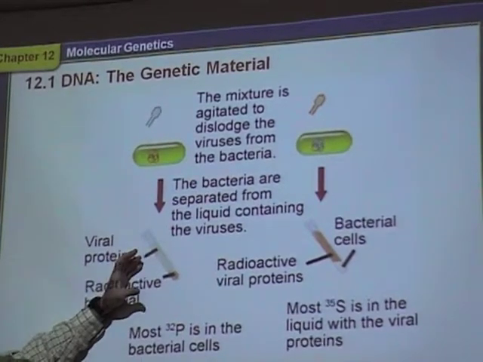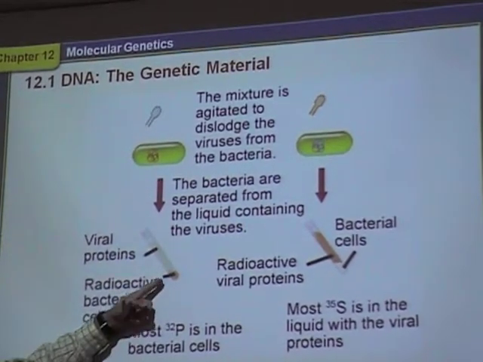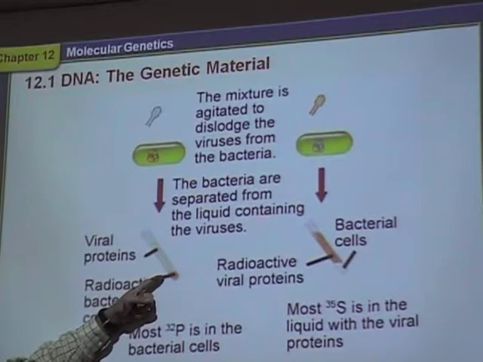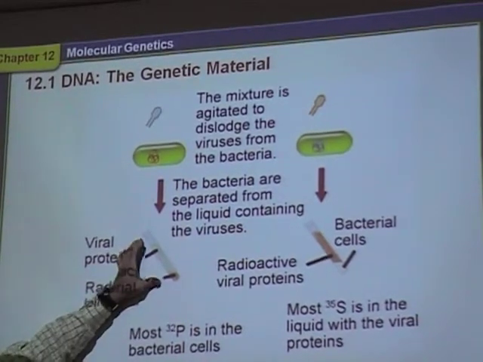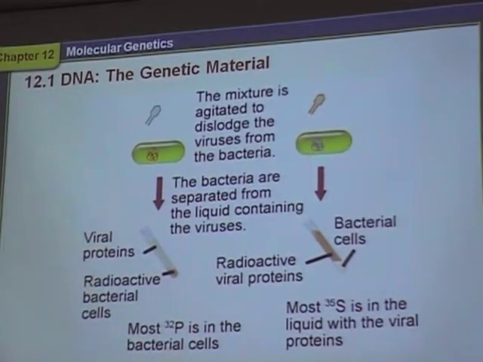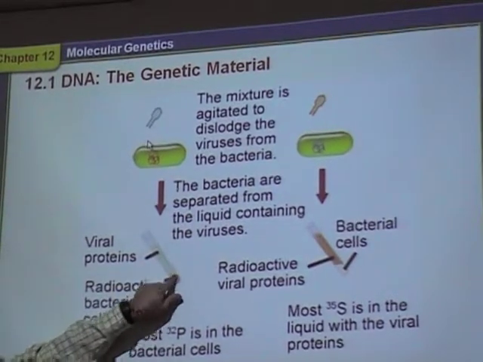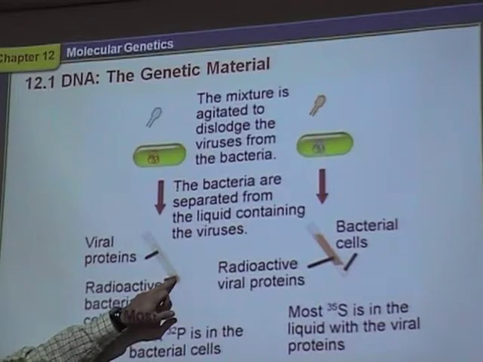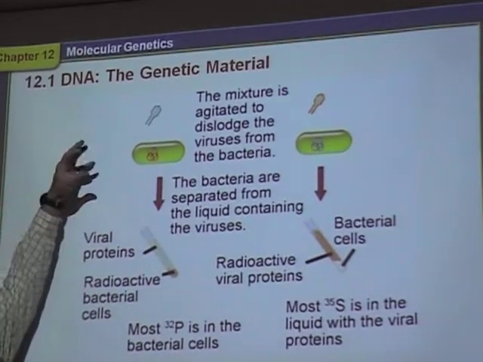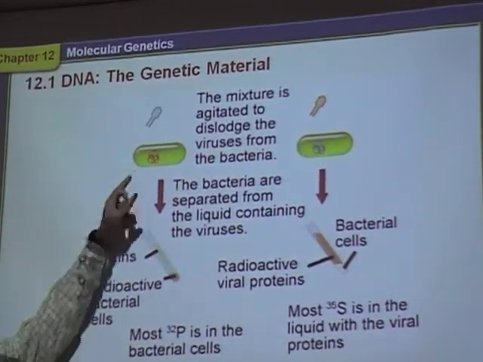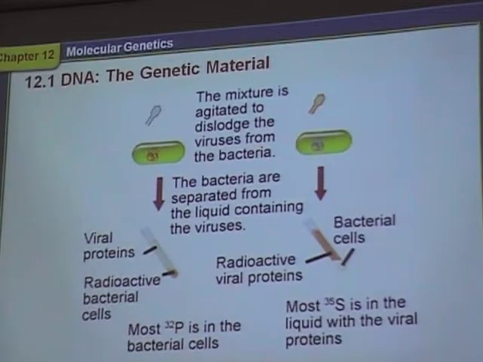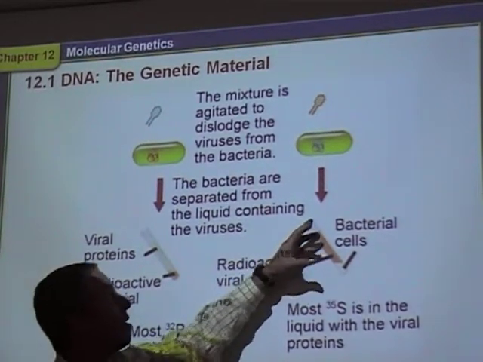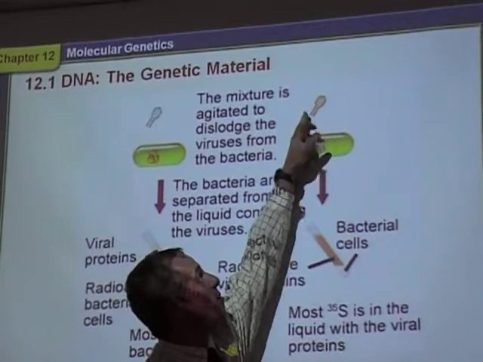And then they check to see what's glowing. Now in this one, where the radioactive DNA was, the cells were glowing. They were glowing radioactive down here. What does that mean? It means the viruses transferred DNA into the cells. Over here, the proteins were radioactive.